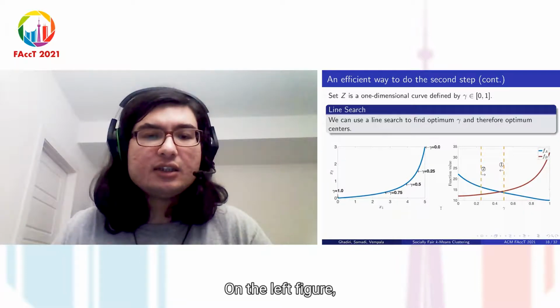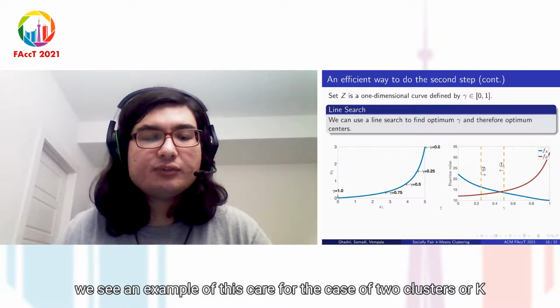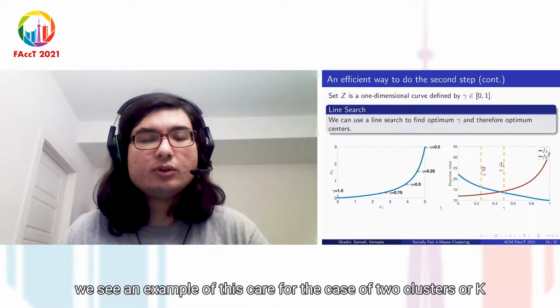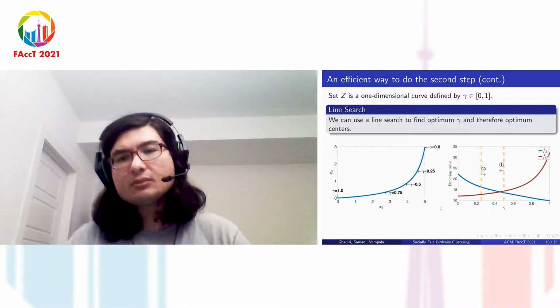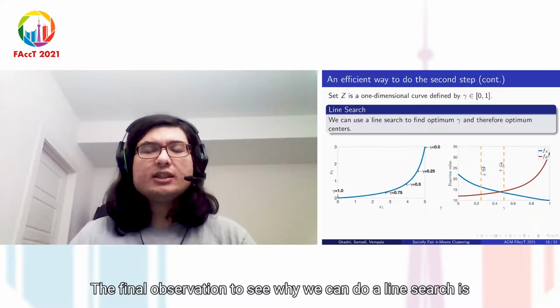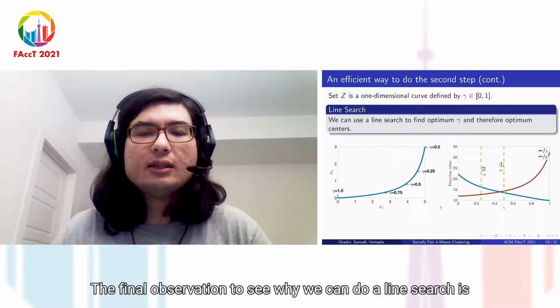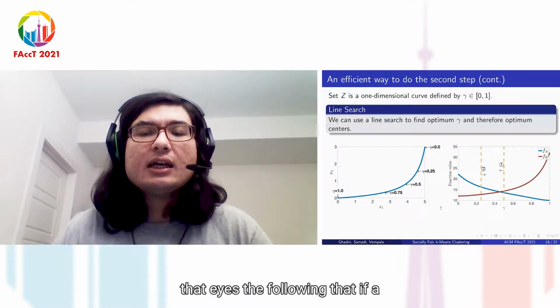On the left figure, we see an example of this curve for the case of two clusters, or k equals 2.